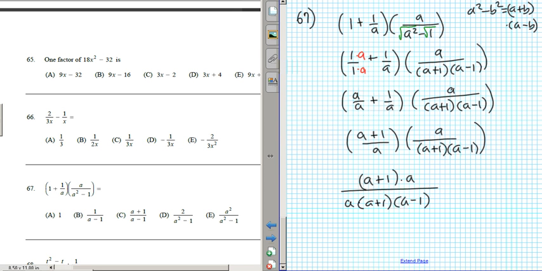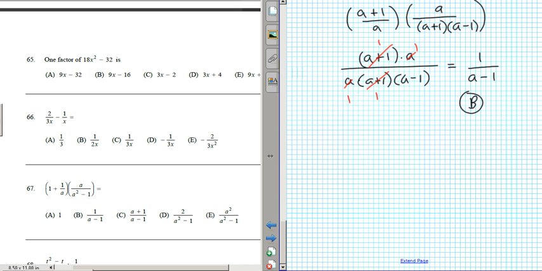Alright, so check this out. The a plus 1's cancel. This one goes here 1, this one goes here 1, a goes here 1, a goes here 1. The final answer is going to be 1 over a minus 1. Alright, so for number 67, your answer is B.